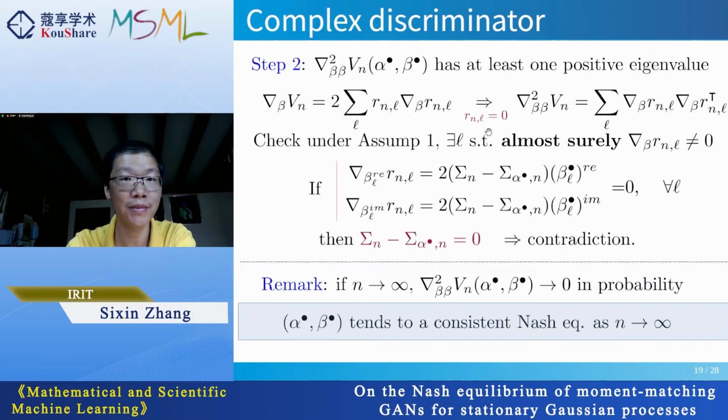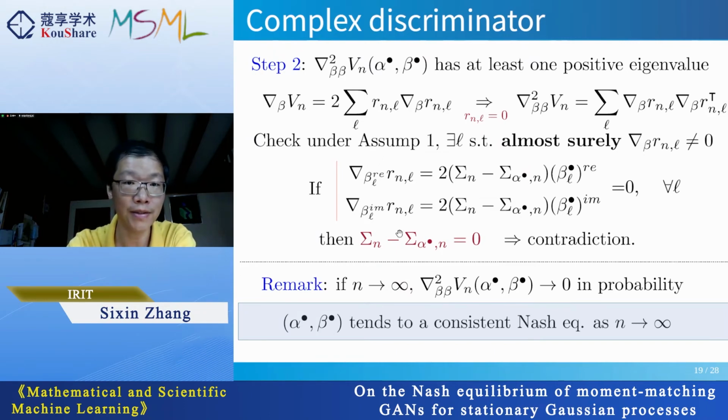So let me skip this. Basically, we are trying to show that this Hessian of Vn with respect to beta has at least one positive eigenvalue. And it is true because the covariance matrix would have to be zero if you don't want any contradiction, but this cannot be the case as we have seen before.